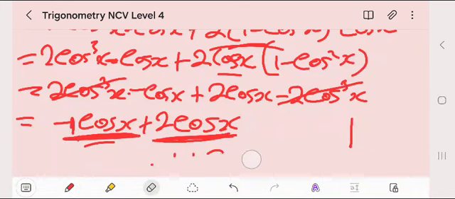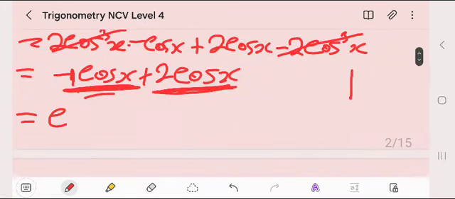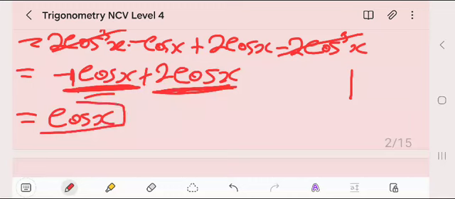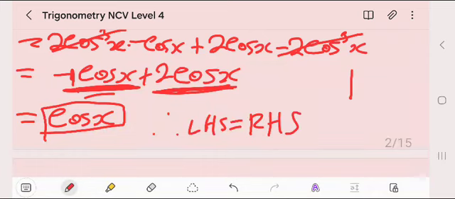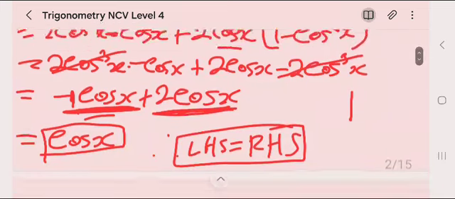So there will be 1 cos there. This will give cos x. Therefore the left hand side is equal to the right hand side. Right, guys. Simple, you see.